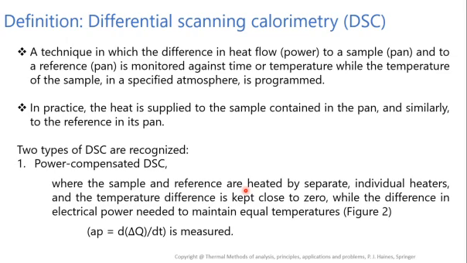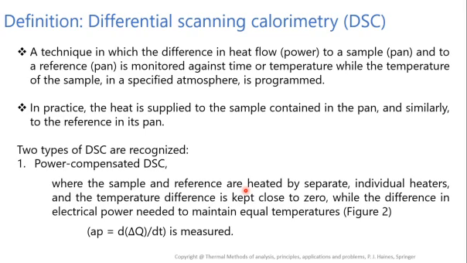Means what? We have to provide some amount of power to keep the temperature difference zero. While the difference in the electrical power needed to maintain the equal temperature, that power is nothing but the particular result of the DSC technique.